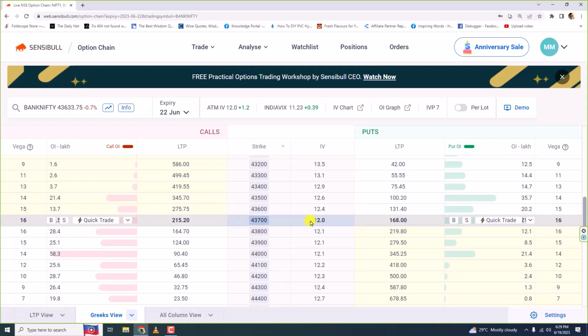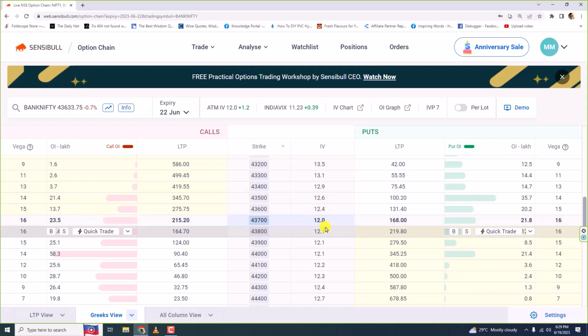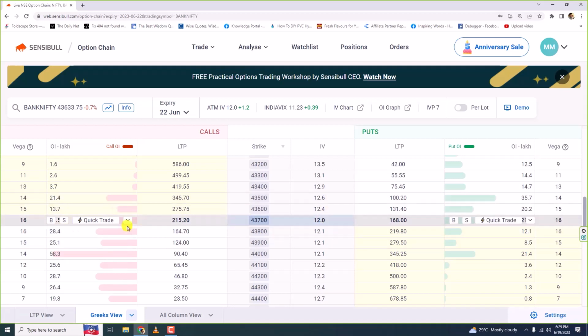Yes. Now, the question comes: why does the premium increase by the Vega value when the implied volatility increases or decreases? If it increases, this value increases. If it decreases to 11, this value decreases. Why is it so?